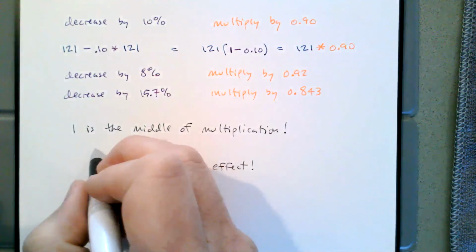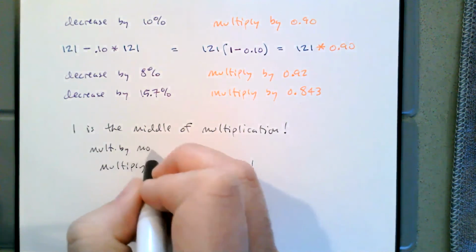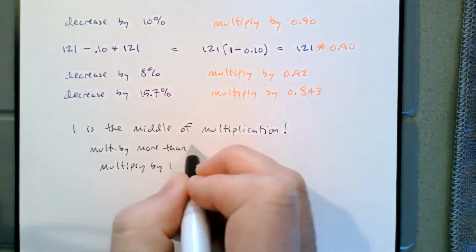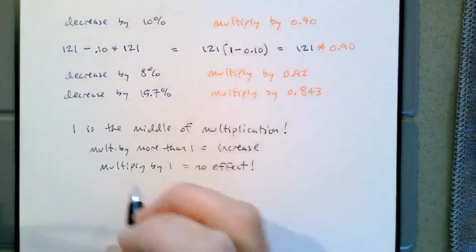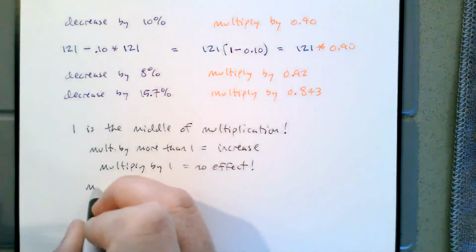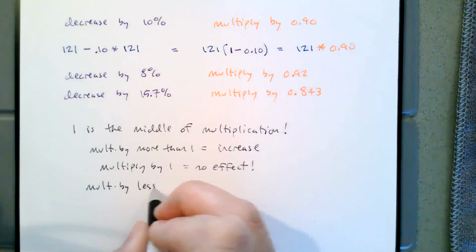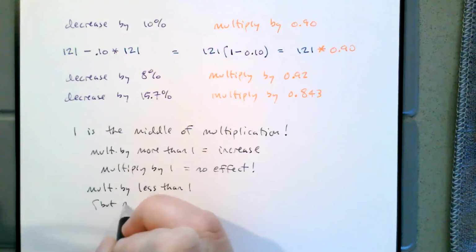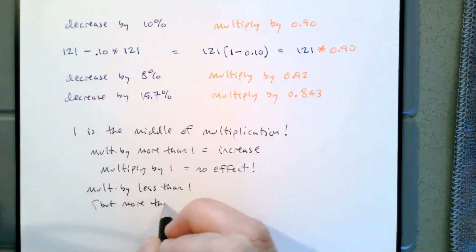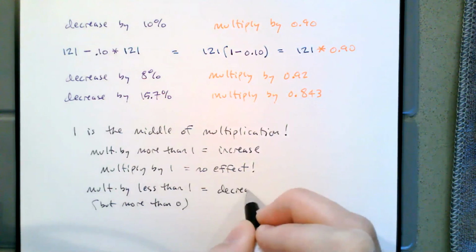If we multiply by more than 1, we'll see an increase. If we multiply by less than 1, but more than 0, we'll get a decrease.